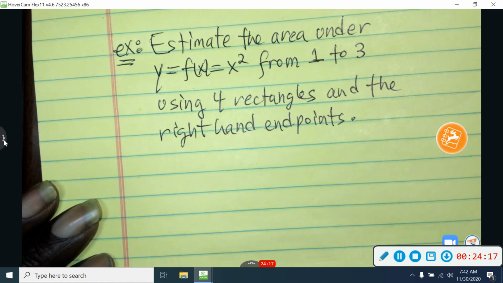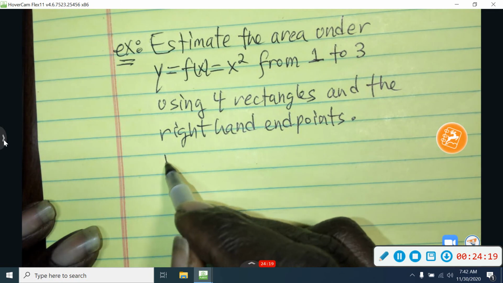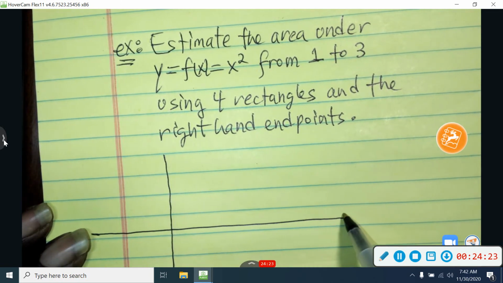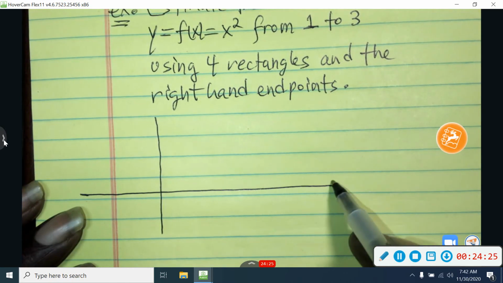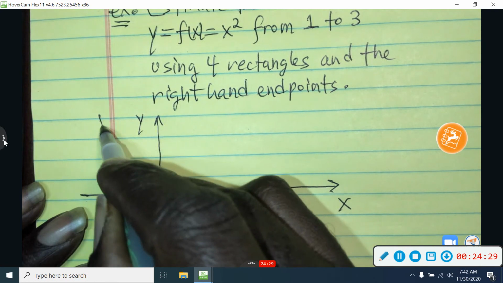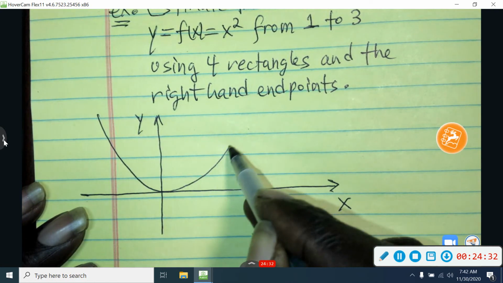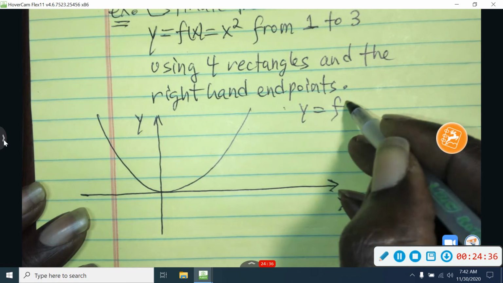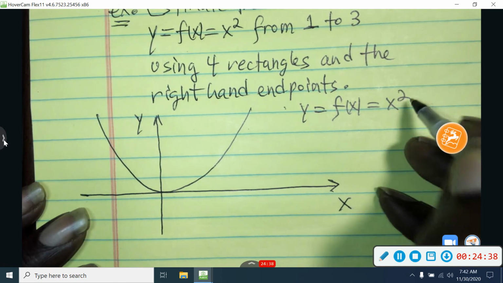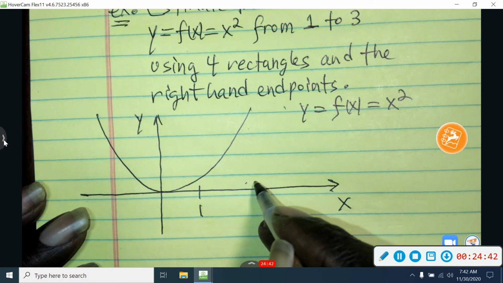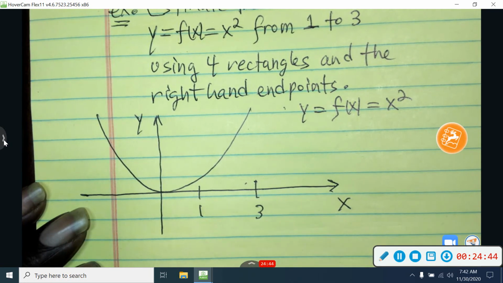If you draw your function to take a look at it, it's good to see visually what you're doing. Here's x squared, you know it's a parabola from high school. Here's 1, and here's 3.